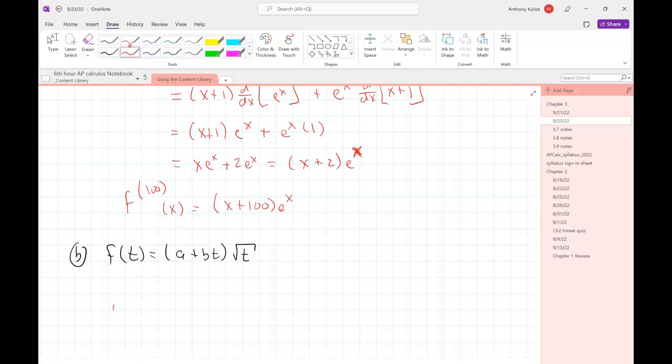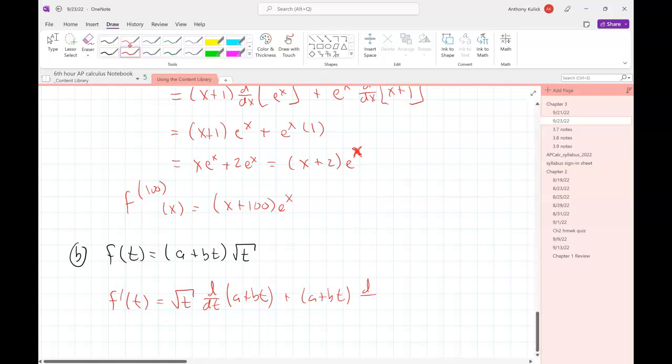Yeah, we could do the product rule. We could absolutely do that. That's okay, but I would argue there was a simpler way of going about doing this.